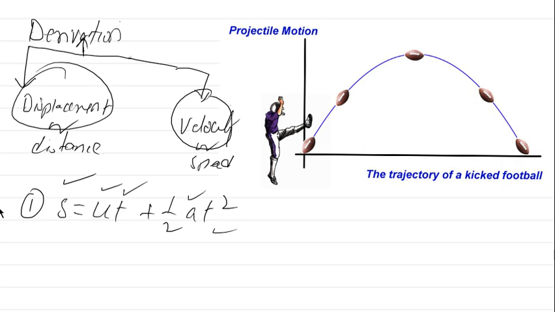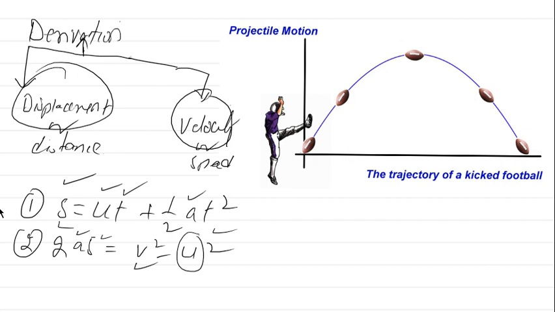The second equation of motion for distance or displacement, which we also use very frequently, is 2as = v² - u². Again, 2 is constant, a is acceleration, s is distance or displacement, v is the final velocity, and u is the initial velocity.